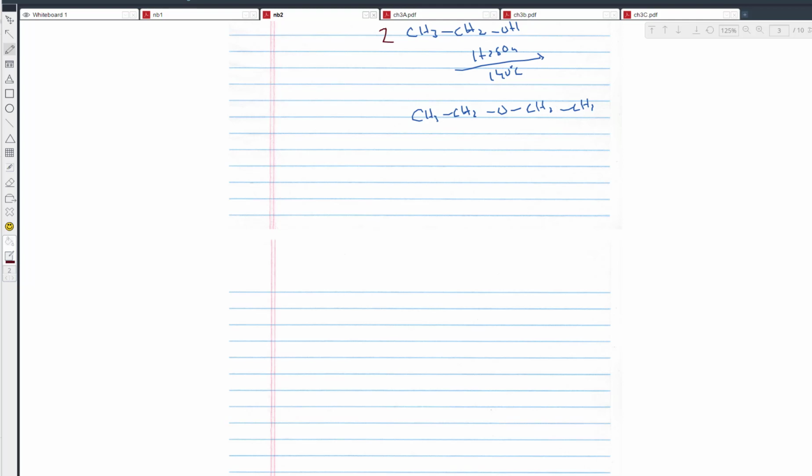So first you have to think how to make this alkene into alcohol. We would hydrate it, adding water in the presence of sulfuric acid. Sometimes they also use HgSO4. And you will get this product, an alcohol.